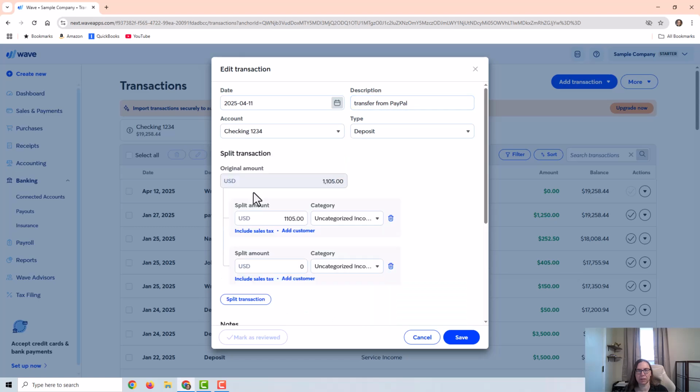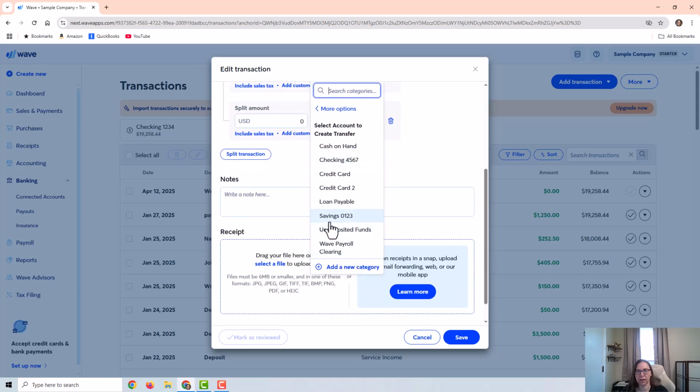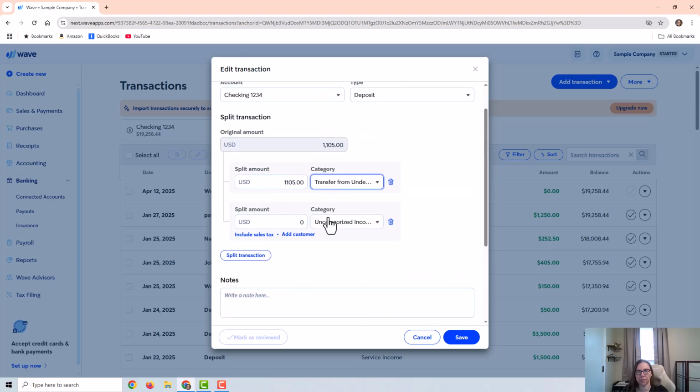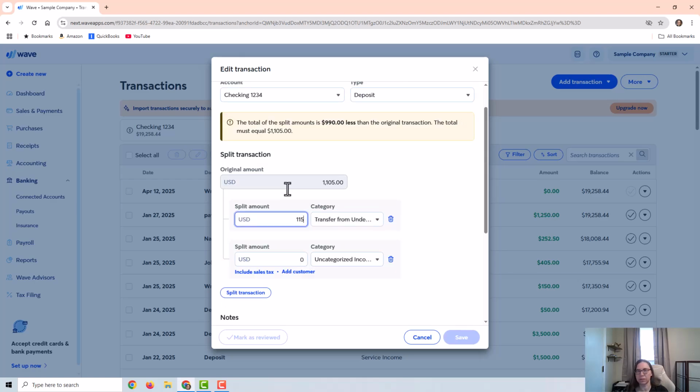And then I would want to split the transaction. First of all, I would need to show that this money was being transferred over from undeposited funds, from that holding place that I have set up in Wave. So I would choose transfer from bank, credit card, or loan. And then I would find that account here, which it's right here, undeposited funds. And this line item should be the total amount before processing fees.